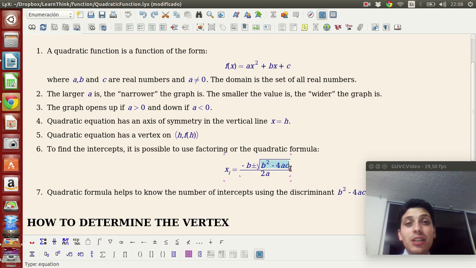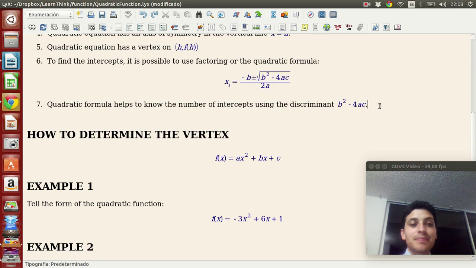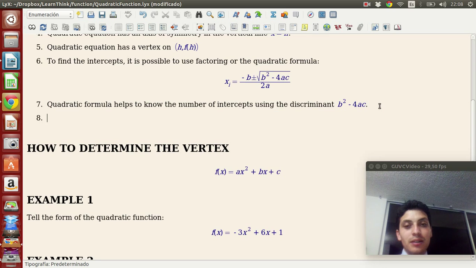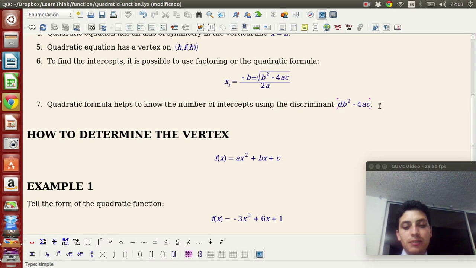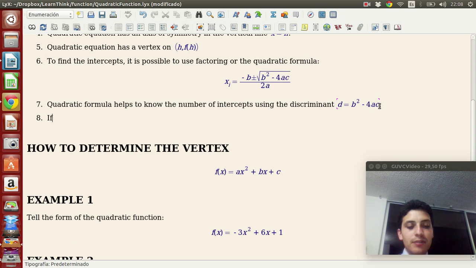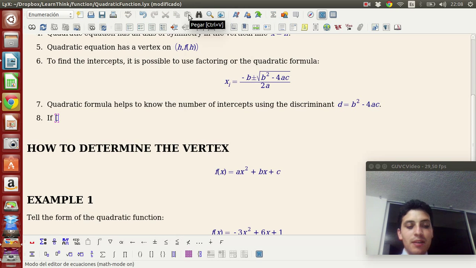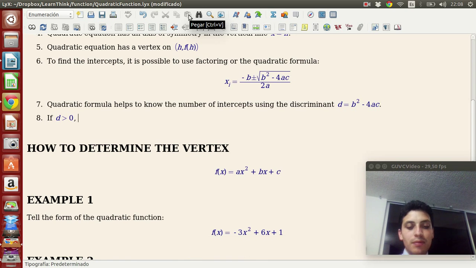Okay? I like to call this information D. D equals b squared minus 4ac. If D is greater than 0, there are two x intercepts.